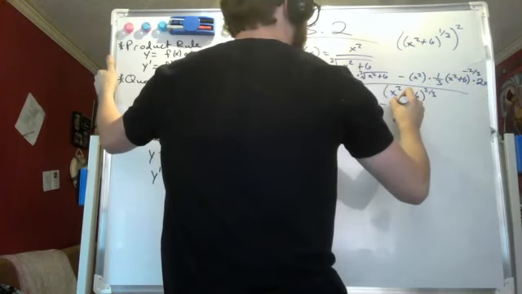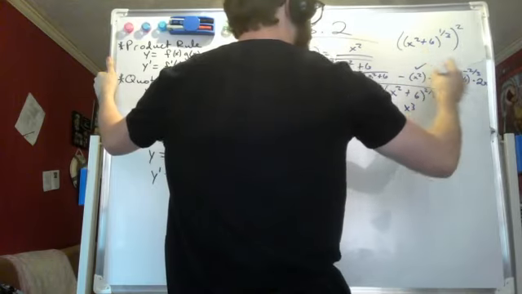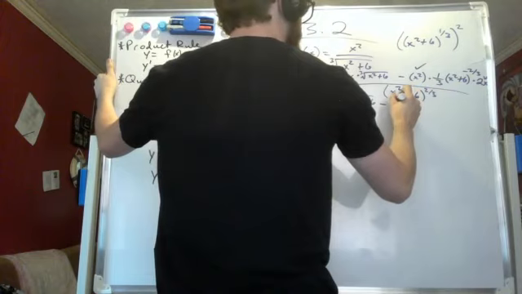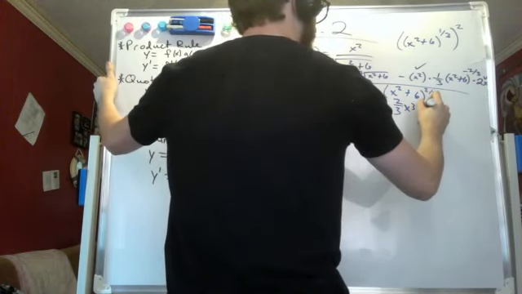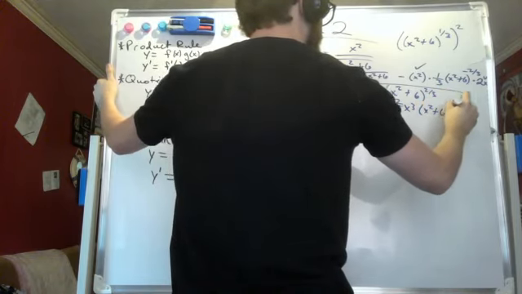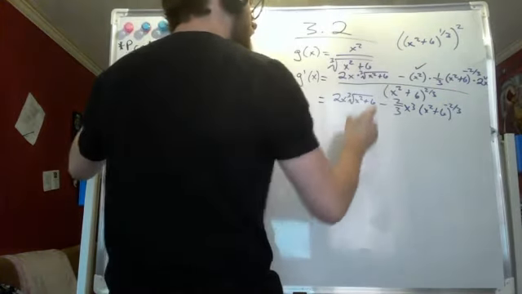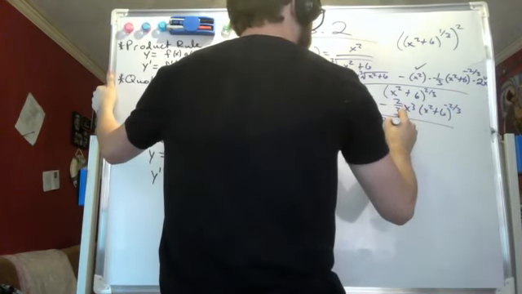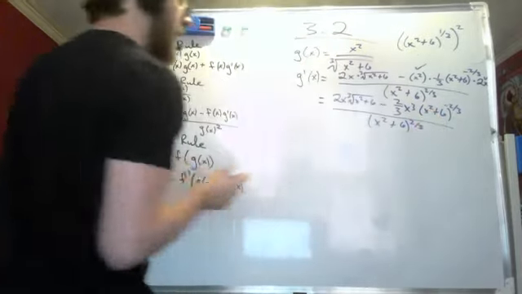That's going to give us x cubed. So we've used our x's. We've got 1/3 times 2, so that's going to be 2/3. And then we still have our x squared plus 6 raised to the negative 2/3 power, all divided by our x squared plus 6 raised to the 2/3 power.